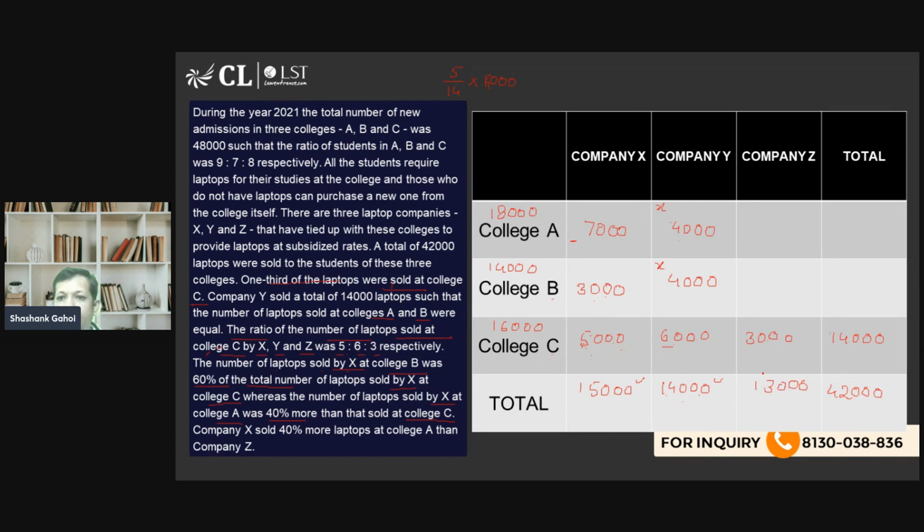Now what do I need? So 1, 2, 3, 4 values are missing. If I get even one value, my table is completed. And that's what I'm going to do.